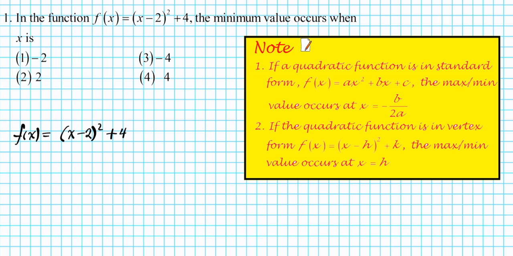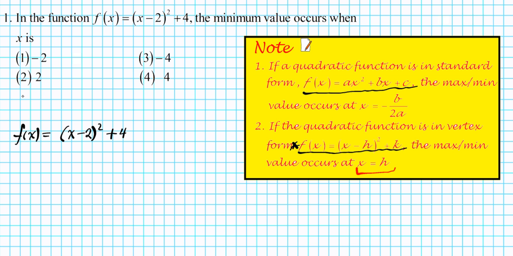Now, what form is this? Is this in the standard form, ax squared plus bx plus c, or is it in vertex form, (x minus h) quantity squared plus k? We can clearly see that it is in the vertex form. So all we need to determine is the value of h, and that will tell us the x coordinate of the max or min.